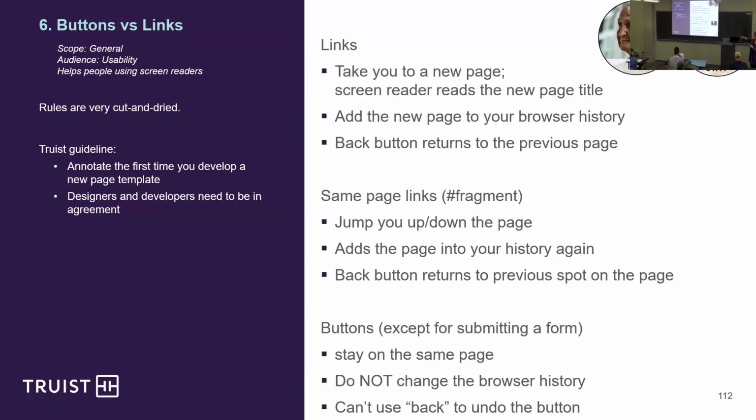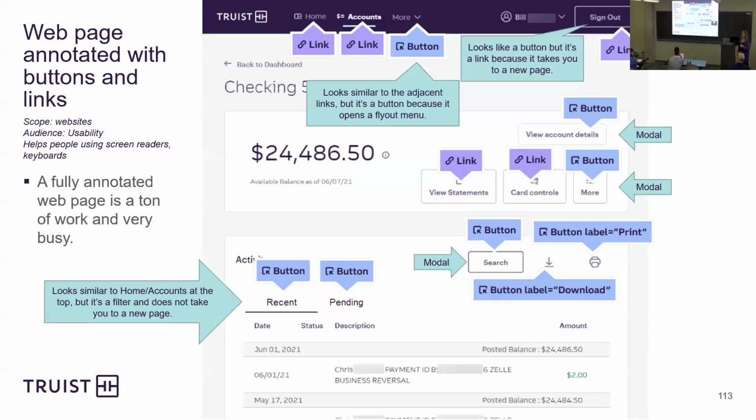Whereas buttons, when they affect the page, don't change the browser history. So if you take a button to apply a filter, you can't hit back to undo the filter. Now it gets a lot more complicated when you consider URL parameters and all that kind of stuff. But I'm going to deal with some simplified examples here.